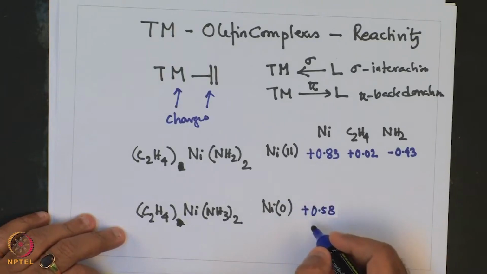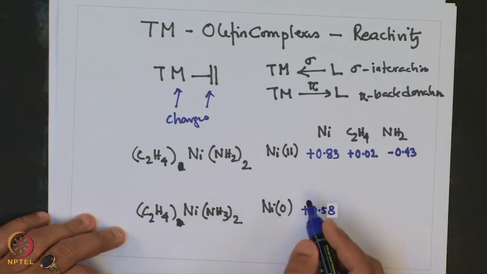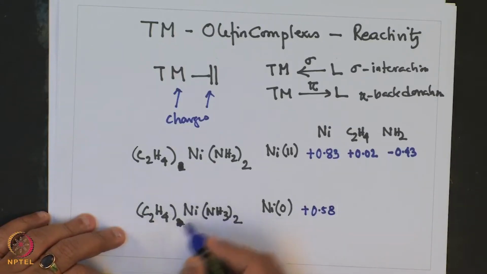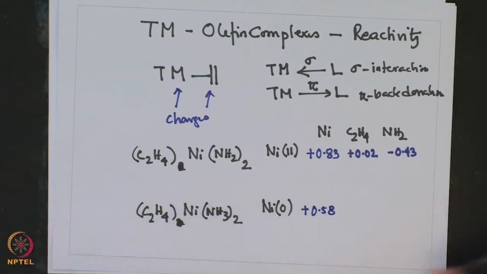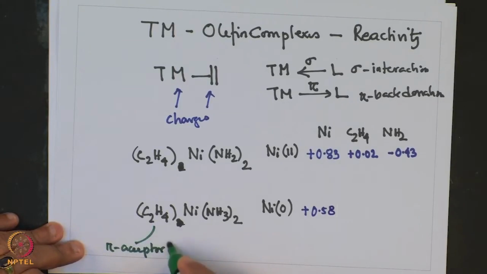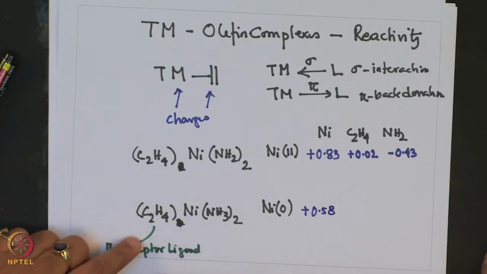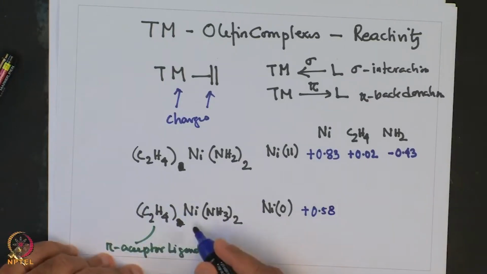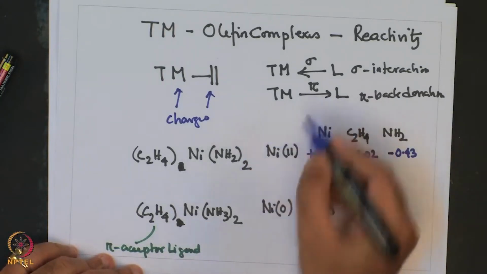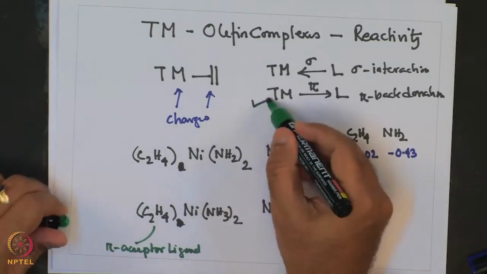So, it is not really 0, that means that a considerable amount of back donation has happened from nickel, and since the pi acceptor ligand is alkene, the alkene has got this electron density from the metal. So, that means the predominance of this transition metal to ligand pi interaction.